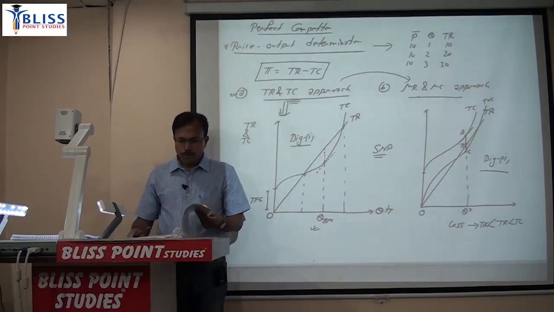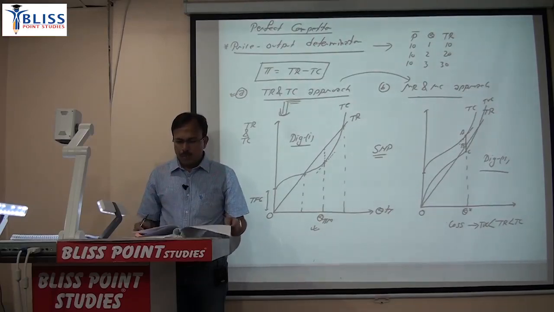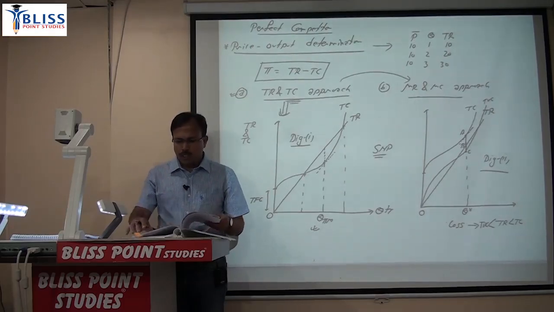What is the reason for the TC to be inverted S as well? Basically any cost curve is decided from production. So in the production there will be diminishing return.